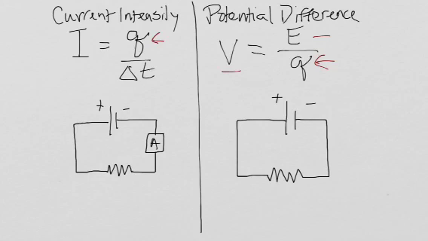That is our ammeter, and we're going to learn how to set that up. The ammeter does not take any energy to operate. It doesn't take away any of the energy that would likely go to a light bulb or something. But it gives us a reading, and from that we can determine the current intensity going through that circuit.